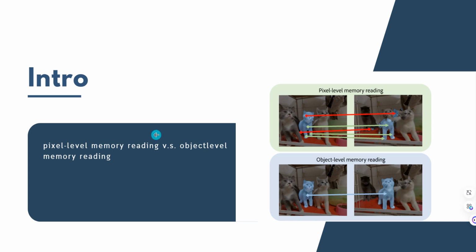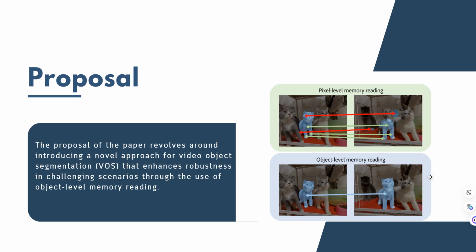So the author uses a new method called object-level memory reading, using the object as a unit to track to the next frame. But it still has the problem of accuracy and noise.